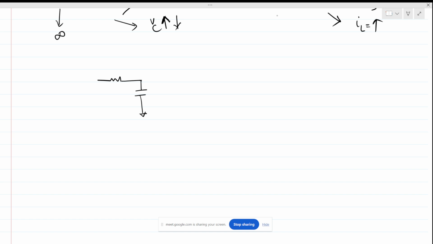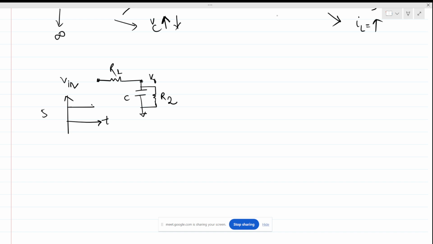We all know the transfer function and the transient response of this circuit, right? If we have this input, a step of, let's say, 5 volt, and I will make a resistance here, let's say this is R1 and this is R2.